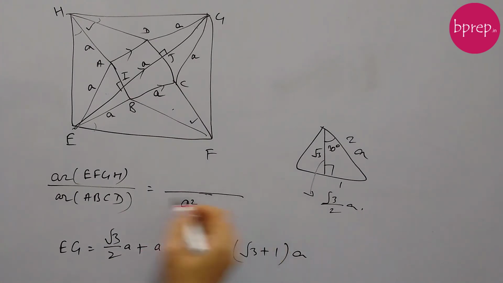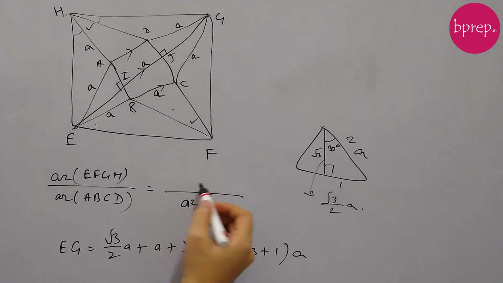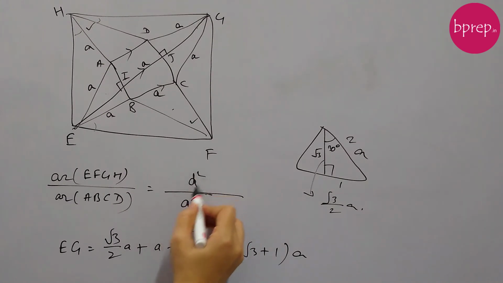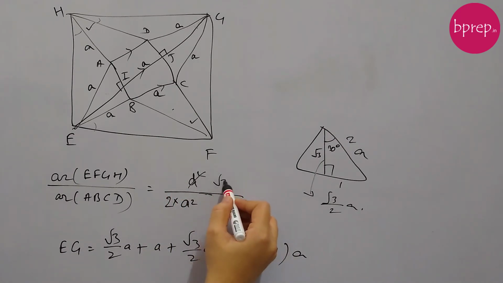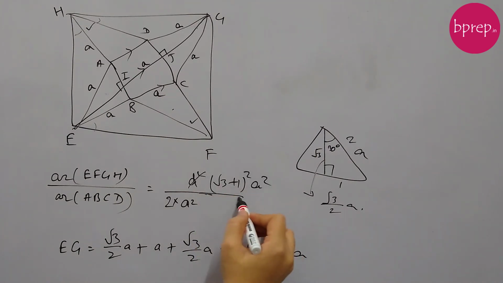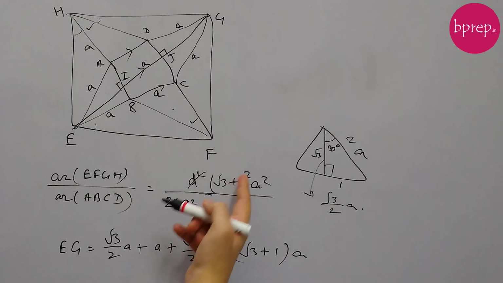So now we know the area of a square is half of the product of the diagonals, right? So this will be d square, and then we'll have 2 in the denominator. And what is d square? So instead of d we can write root 3 plus 1 whole square A square. This is the square of the diagonal.